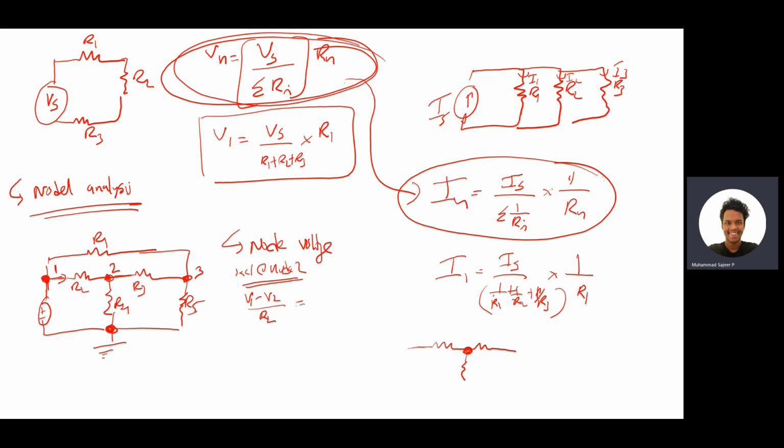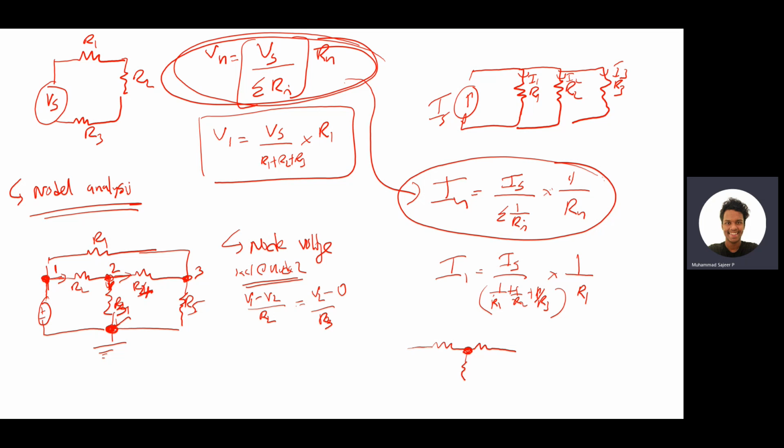what? Here this current will be going this way and this way, right? So the current going downward will be (V2 minus 0), because we took this as 0, divided by R4, the resistance in the middle.